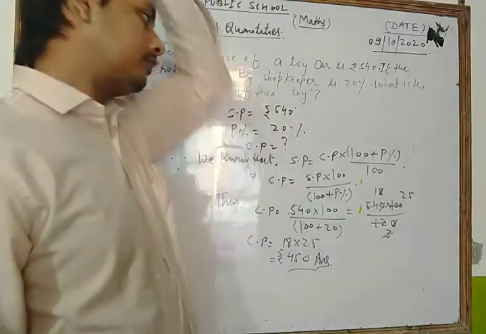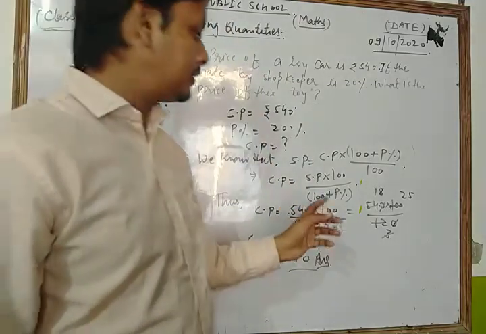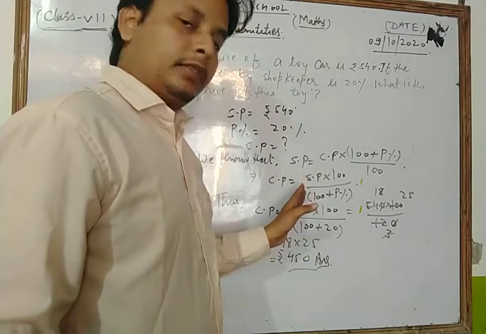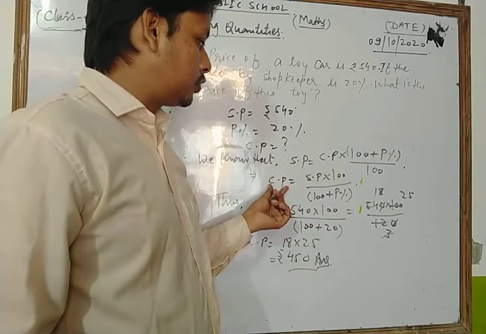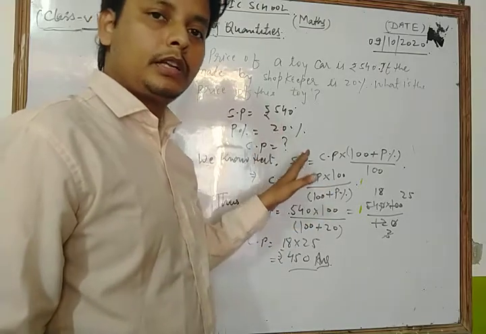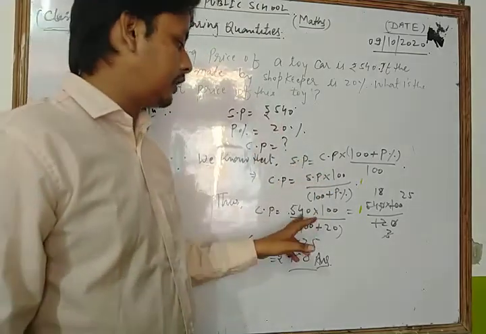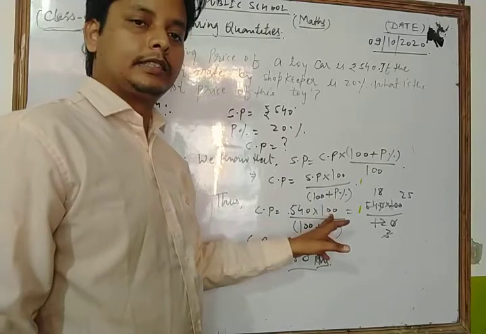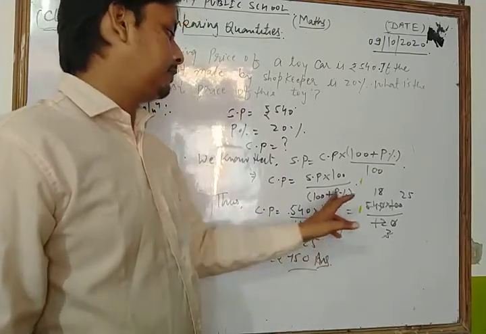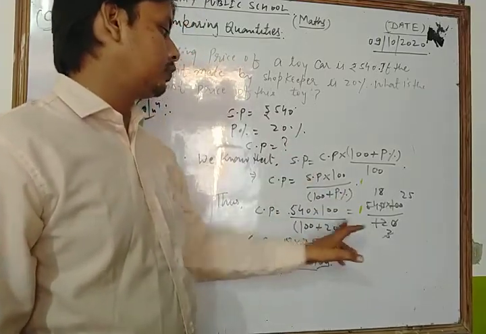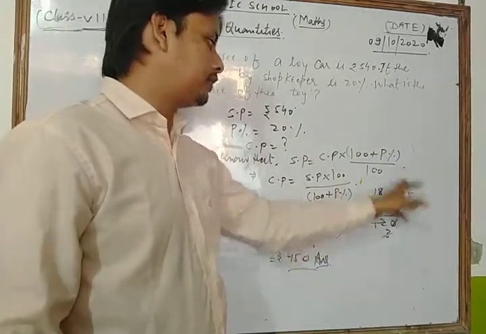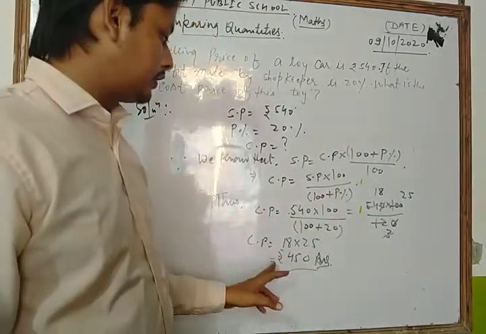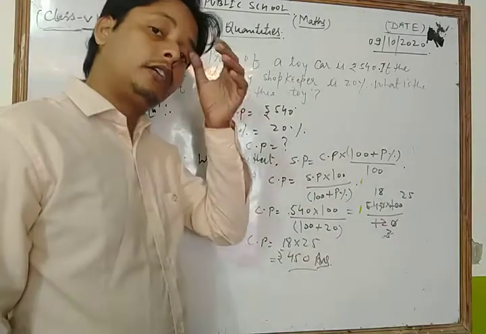Now, students, from there we find the cost price. Now we put all the values which are given in our question, that is selling price is 540 into 100, as it is, and 100 plus profit percent is 20. So after solving them, we get this, and after simplifying, we get our result as rupees 450.